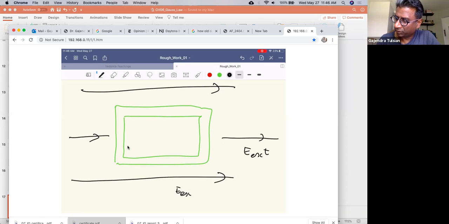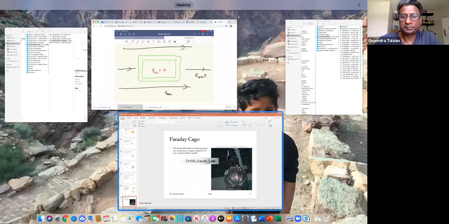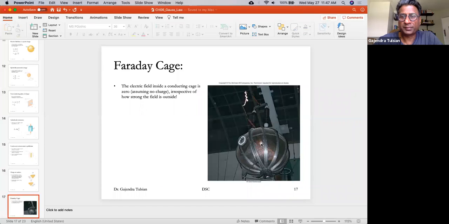And inside is 0. So the electric field inside is 0. What has happened is this Faraday's cage has shielded you from all external electric fields. And here's proof of that. This person knows that, and he's not afraid, and he's shielded from lightning.